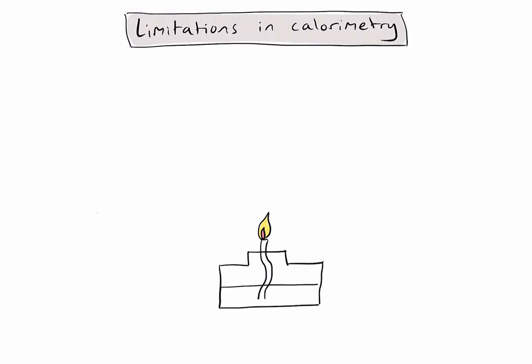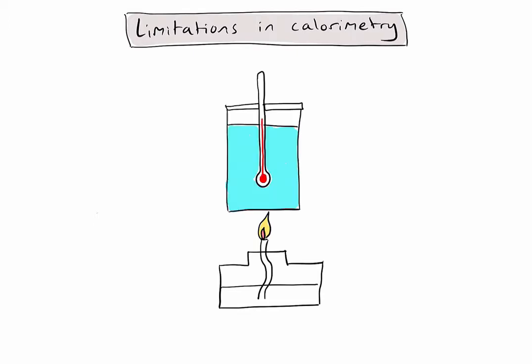So there's my spirit burner containing a fuel, perhaps it's an alcohol, and to measure the energy released by that reaction, we often do this underneath a calorimeter containing water, so that I can measure the temperature change in my water, which is the surroundings in this case, and calculate how much energy has been released by the reaction underneath.